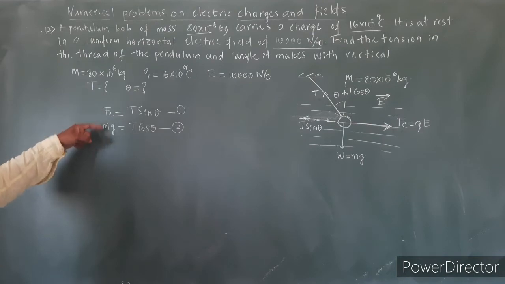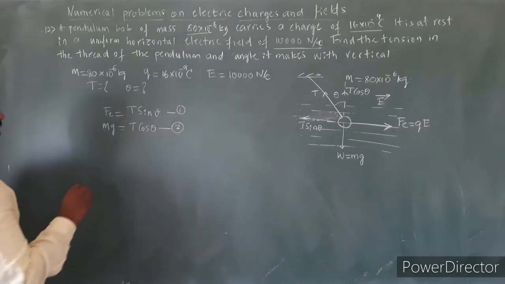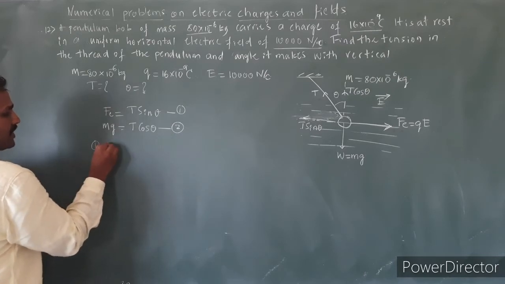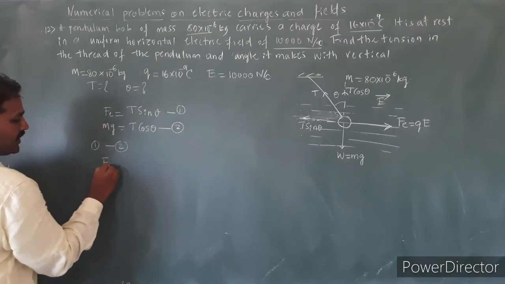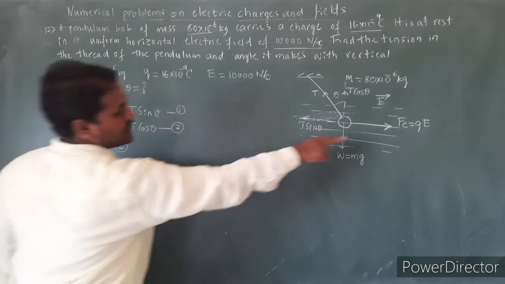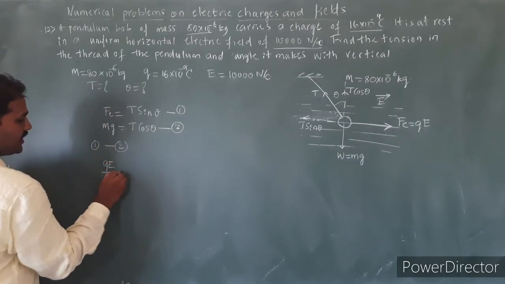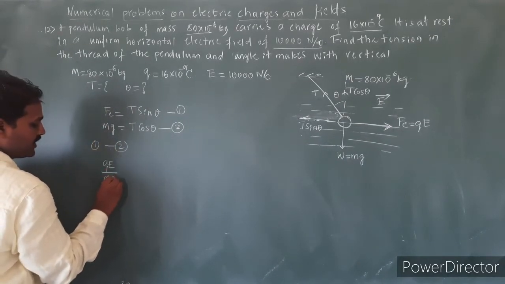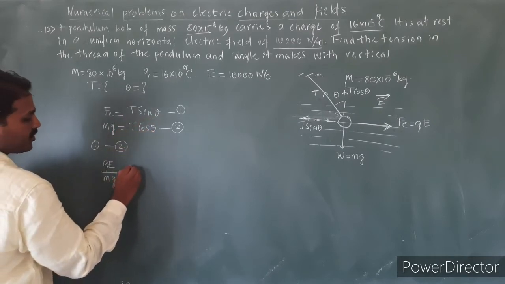By using these two equations, I can first find out the value of theta here. So what shall we do? Divide equation number 1 by equation number 2. What will I get here? Fe divided by Mg, where Fe is Q into E. So Q into E divided by M into G must be equal to T sin theta divided by T cos theta.